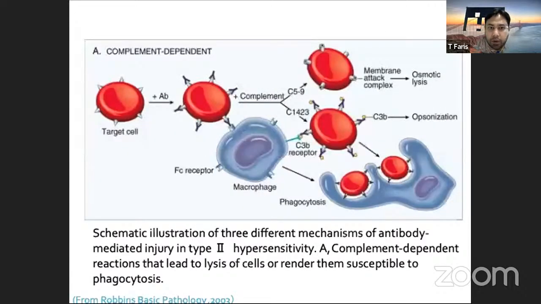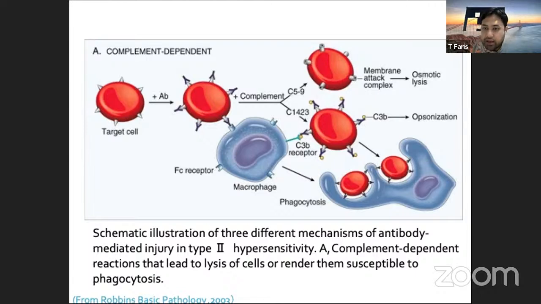This is an example of the complement system. I thought I already gave this lecture in the pathology class before, but I'm not sure if you already had this explained. Anyway, I'll just briefly discuss. The complement is another way that our body can produce an antibody response, right?